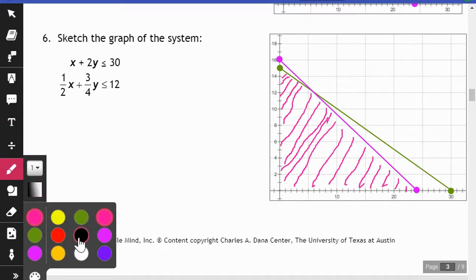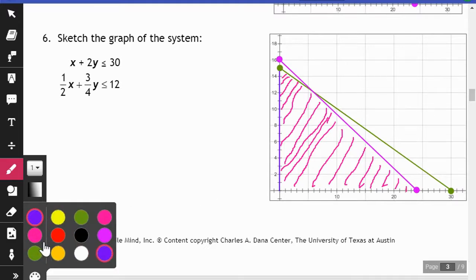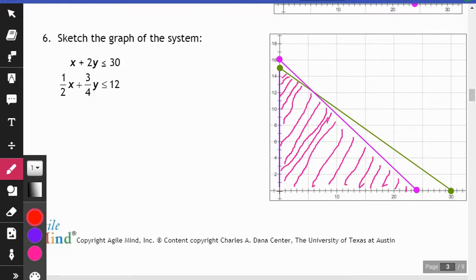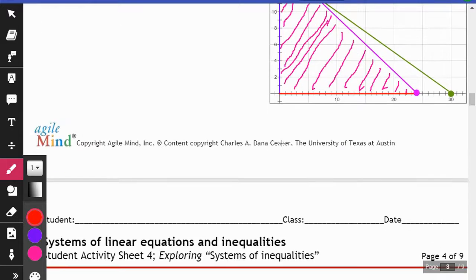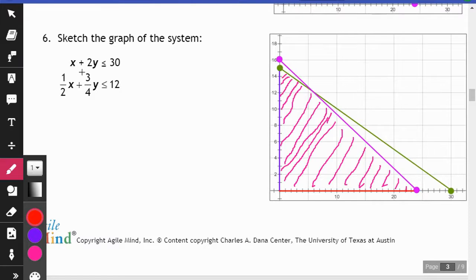So technically speaking, there are 2 more lines that we're not supposed to be past. One of them goes this way. And the other one goes, we'll go with red, this way. Everything has to fall in that area because we can't have negative lawns. All right, and so what he's saying is there are actually 4 lines that we have to be above. We have to be below the 2 that we just mentioned up here.